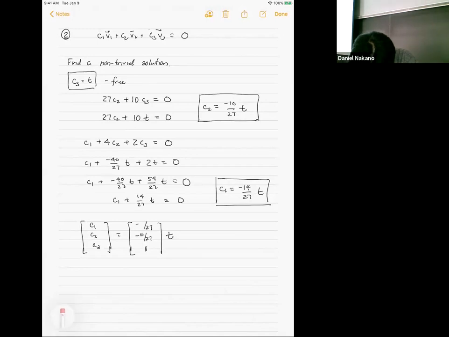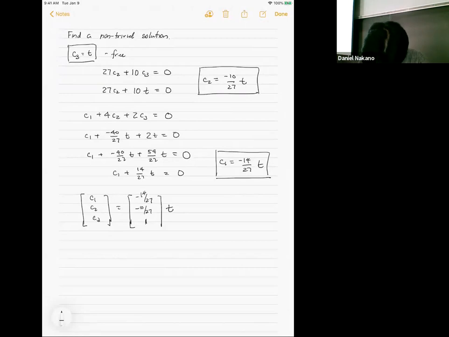Let me write this a little bit better. That's a 14. Like I said, we only need to find one solution. So why don't we set T equal to 27 so that we don't have to deal with a bunch of fractions. Okay?